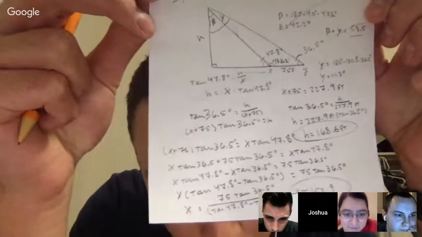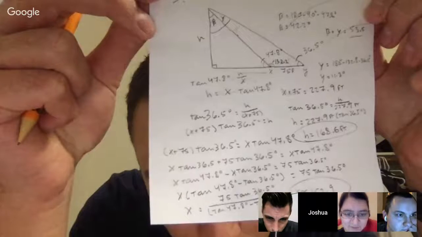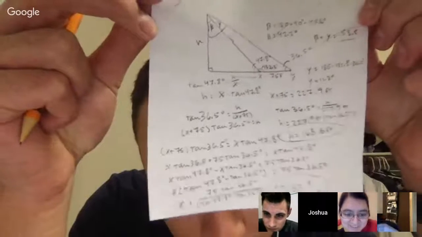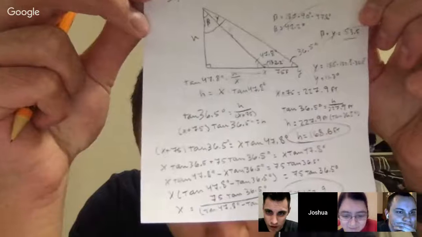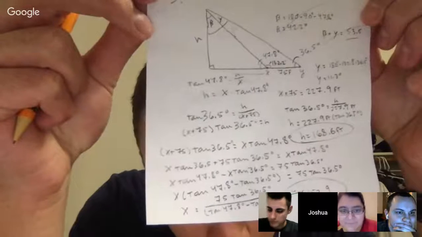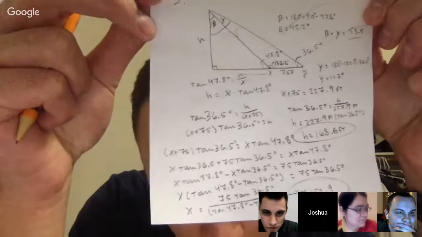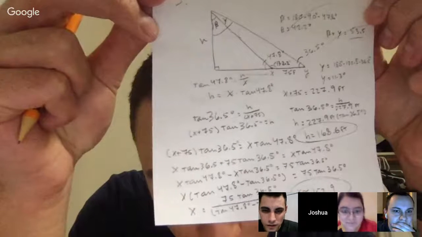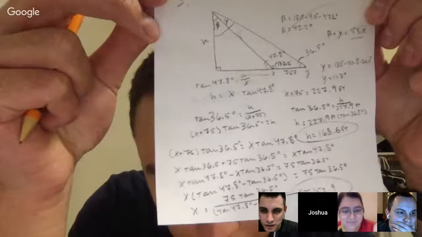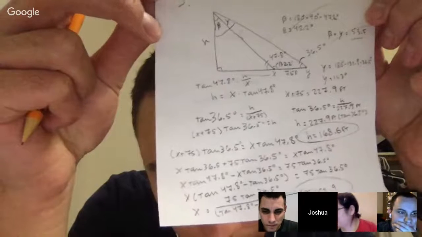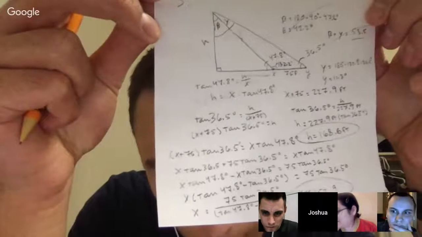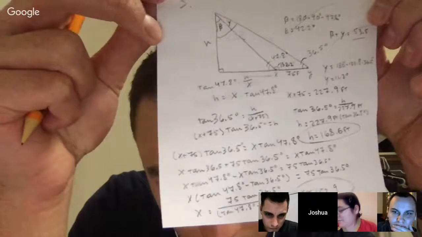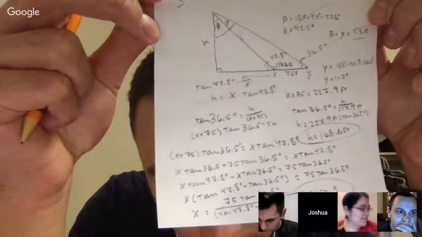Oh, fancy with tangent. I don't know if I did it right then. I used sine. Oh, I see the formula you did. Okay, I'm seeing what you did there.